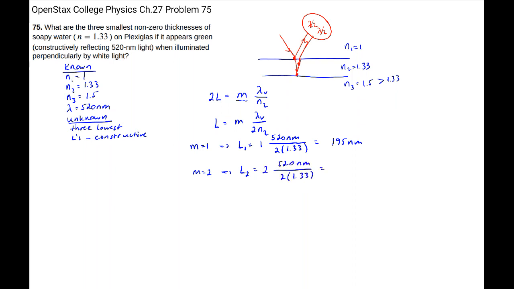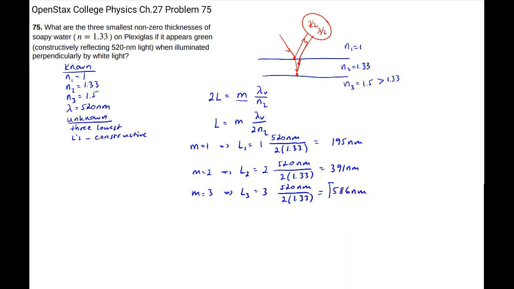So that will be 391 nanometers. And the third lowest thickness is going to be for m equals 3. So L3 is 3 times 520 nanometers over 2 times 1.33. Plugging in the numbers, we get 586 nanometers.